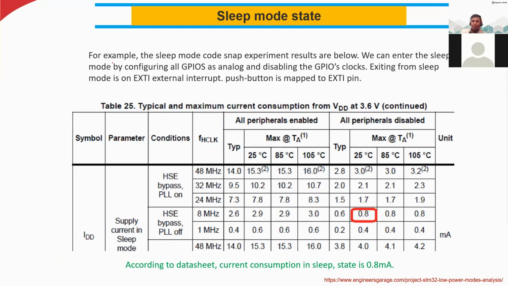We can enter the sleep mode by configuring all GPIOs as analog and disabling the GPIO clocks. GPIO means the input output pins. You can configure everything into analog mode, and disabling the clock signal will also help you bring the microcontroller into the sleeping mode.